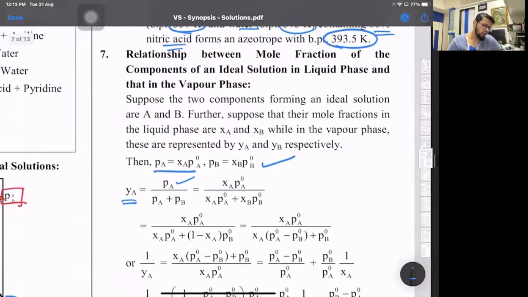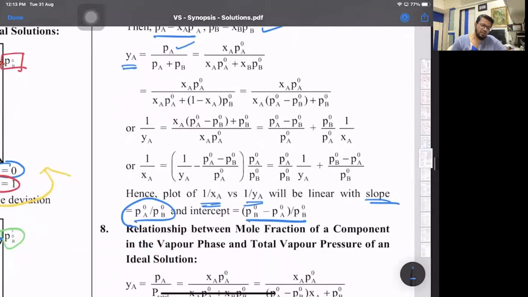So what are we trying to conclude? The mole fractions of the component in the liquid phase and that in the vapor phase. So you have the relationship that the vapor pressure is directly proportional to its mole fraction.